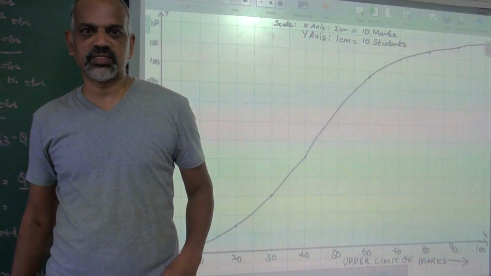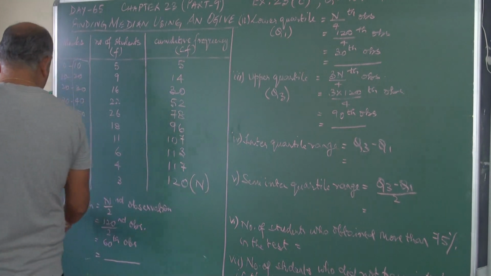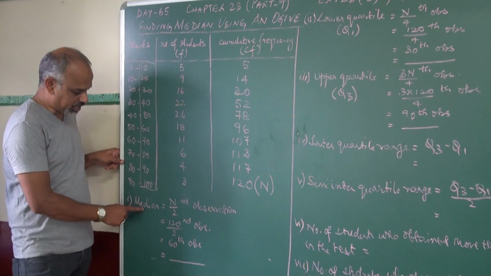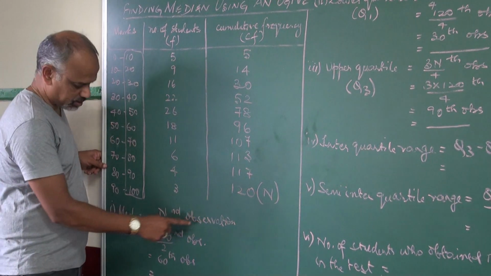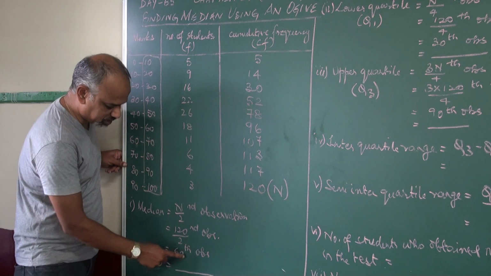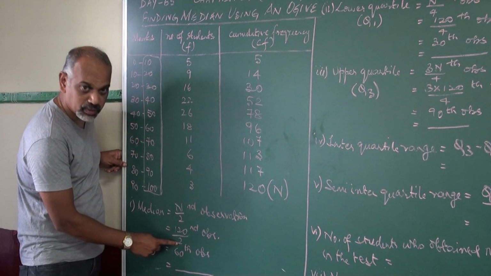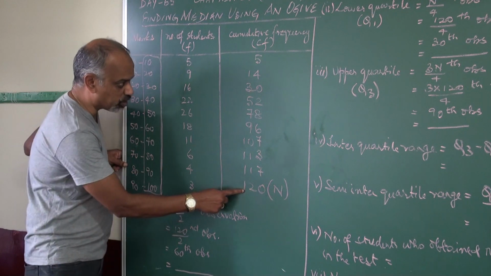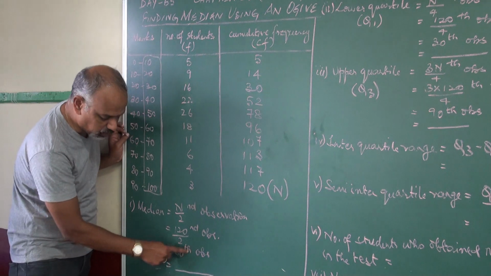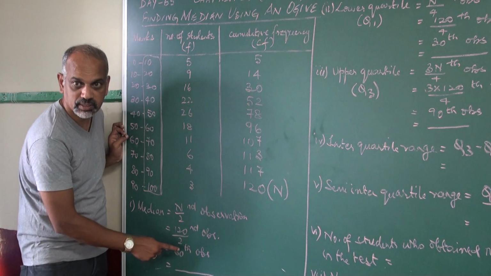Let's see what is the first subdivision of the question. The first subdivision of the question is finding the median. As I said, median is the n by 2nd observation. We got that it is the 60th observation. Now if you look at the 60, you got it from the 120. You divided 120 by 2. And the 120 is actually under cumulative frequency, which means this value that you got from the 120 is also the cumulative frequency.